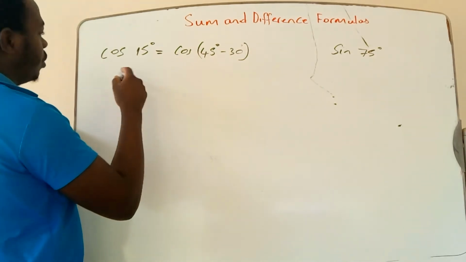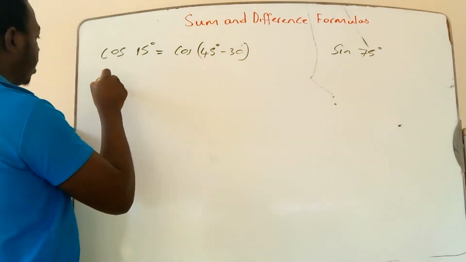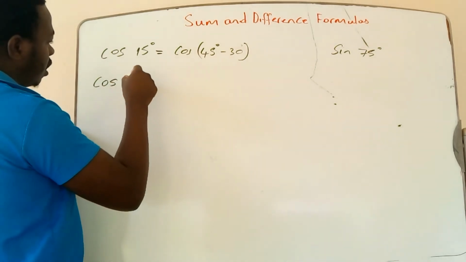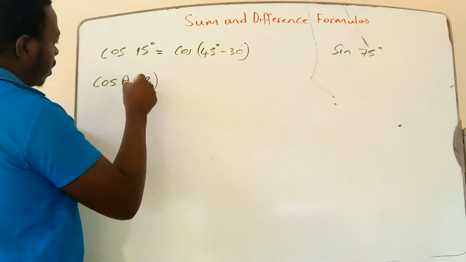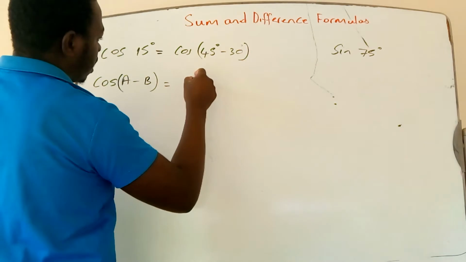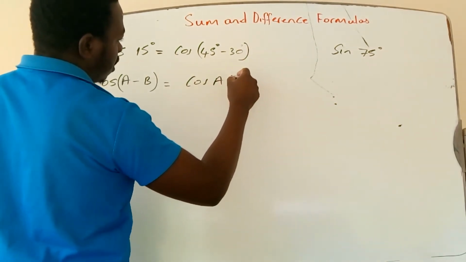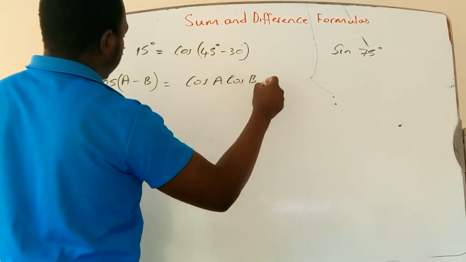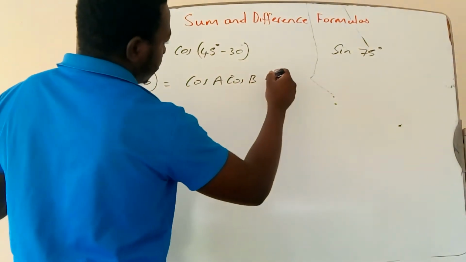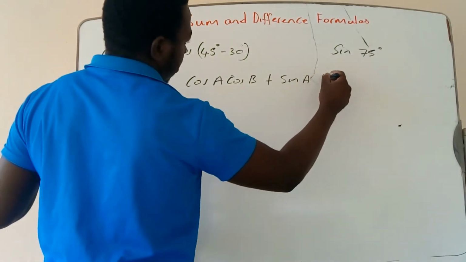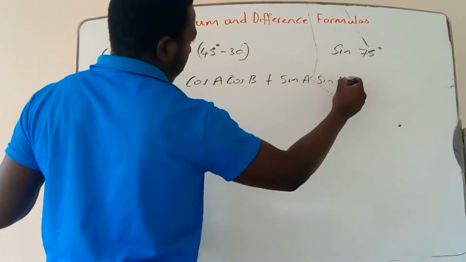You know that, for example, here, you would have cos of A minus B, right, is equal to cos of A cos B, because this is minus, so this is plus sine A sine B, right?